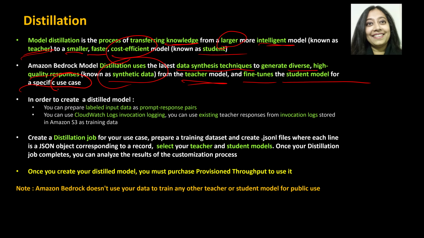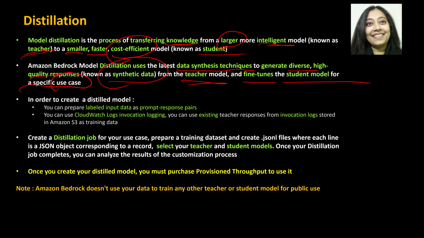Remember that all of these techniques are for a specific use case or a specific task. You want that model to be best at that specific use case or a specific task.